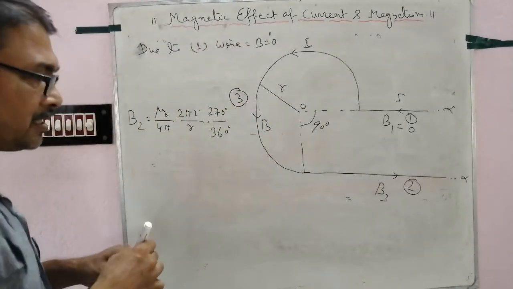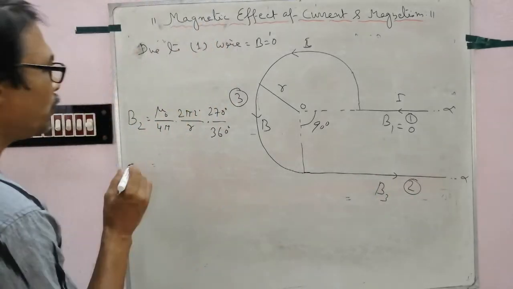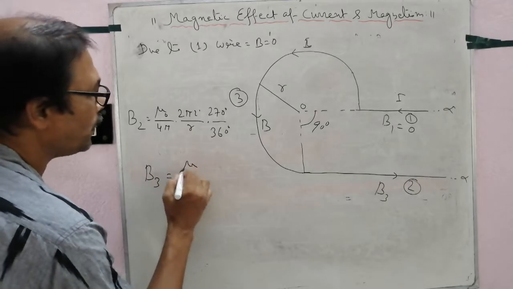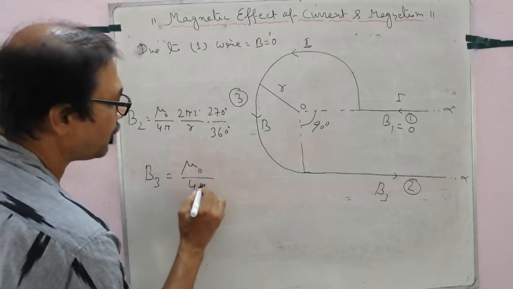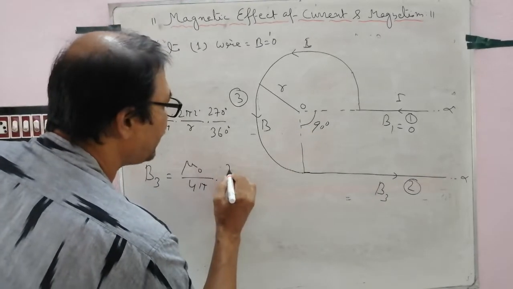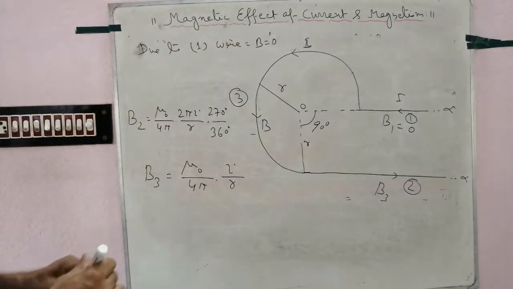Follow. This is an infinitely long wire, and this is one end. We know from my previous class that B3 equals mu naught by 4 pi into 2I by R for infinitely long, but at one end I by R. This distance is R. Follow.